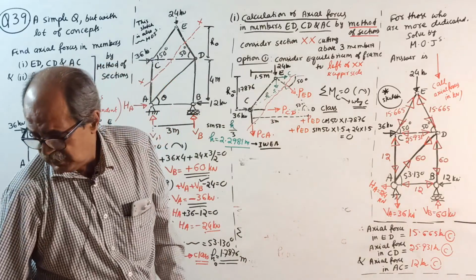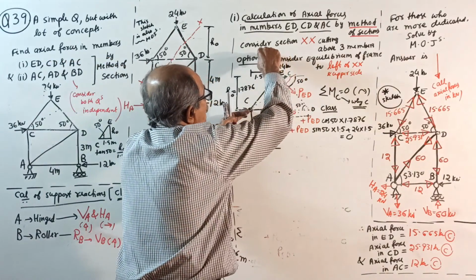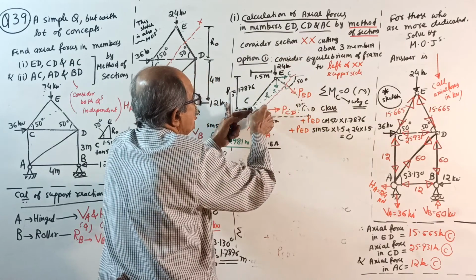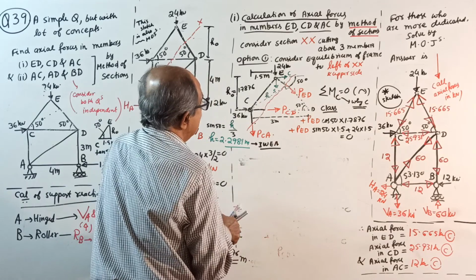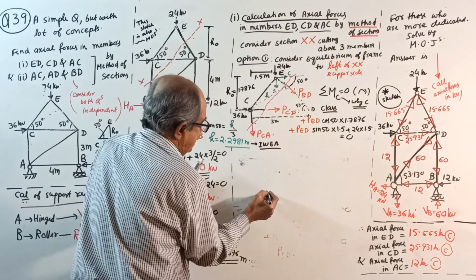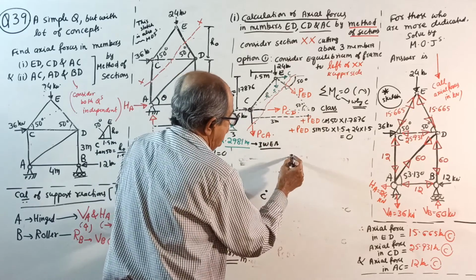Just now I told, instead of resolving, you can directly do PED into perpendicular distance. If confusion is there, see here. This is the point C. Then PED is like this.